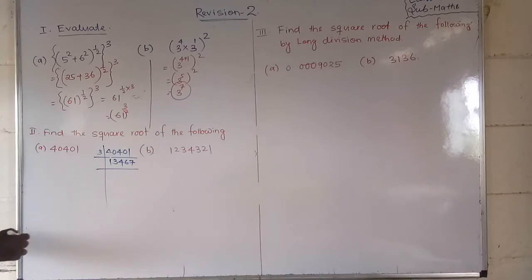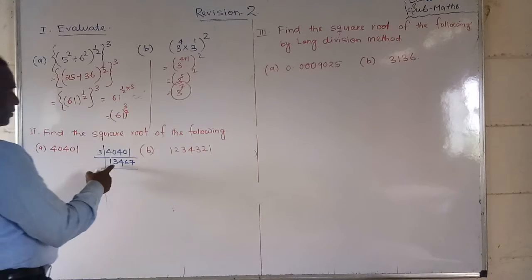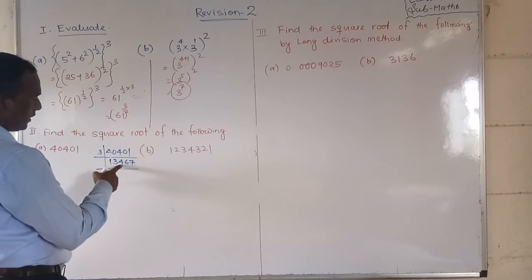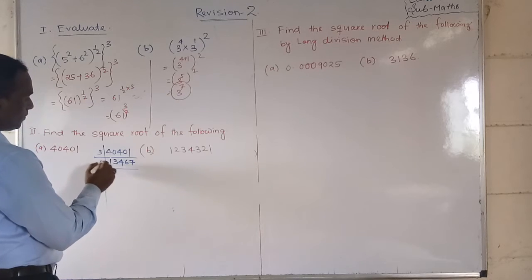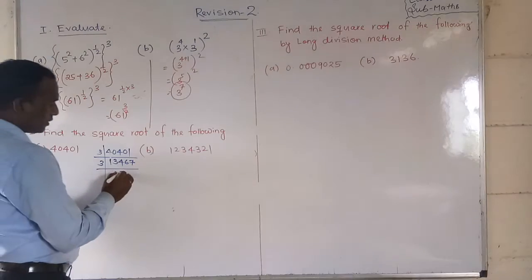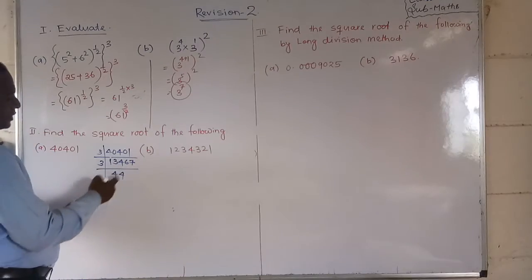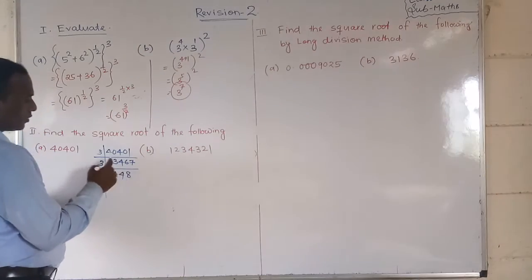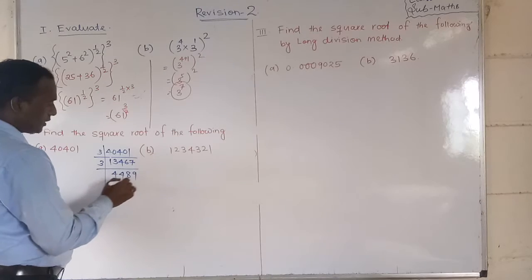Now how much will go, students? 21 is there, so 3 will go, 3 4 ja 12, 14, 3 4 ja 12, 26, 3 8 ja 24, 2, 3 9 ja.